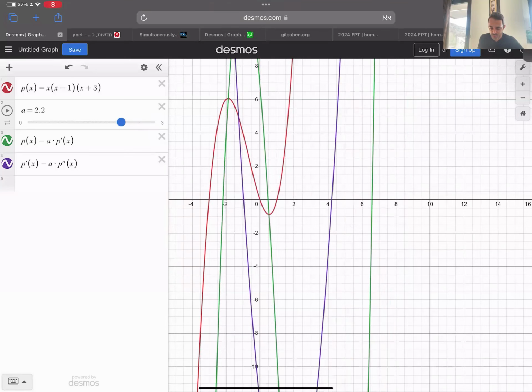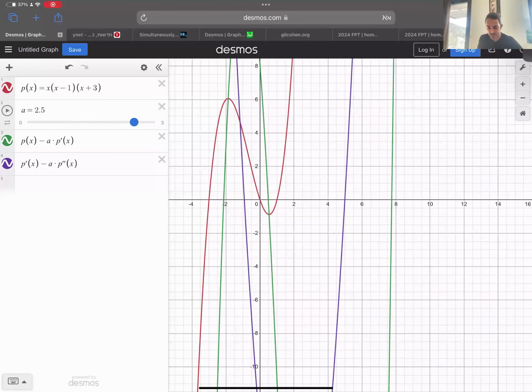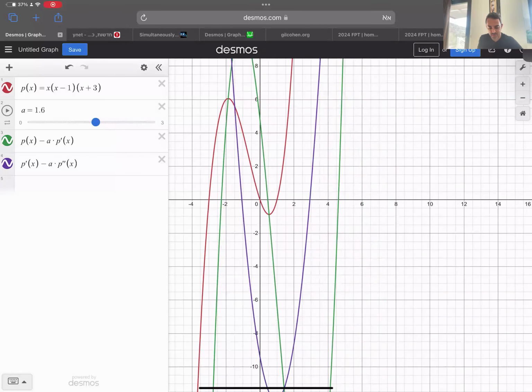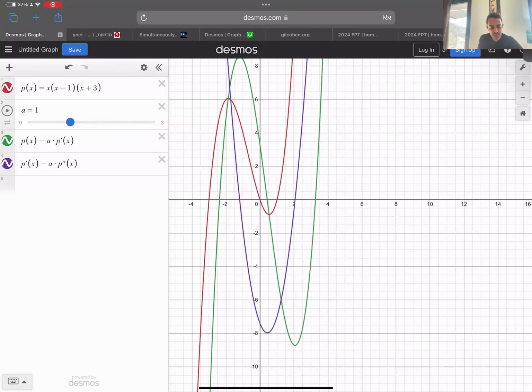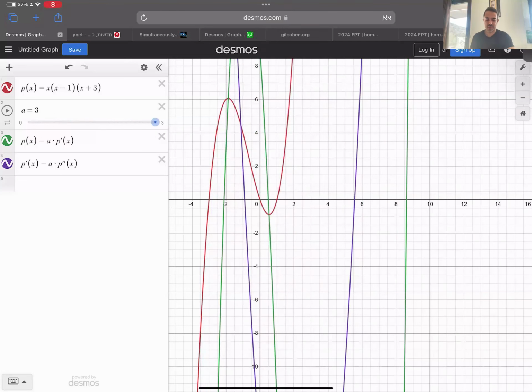And as you change alpha, which is a here, you can see that this difference is always at least alpha, and it seems to approach it, by the way. But anyhow, if you set it very close to 0, you get closer and closer, but it's always at least alpha.